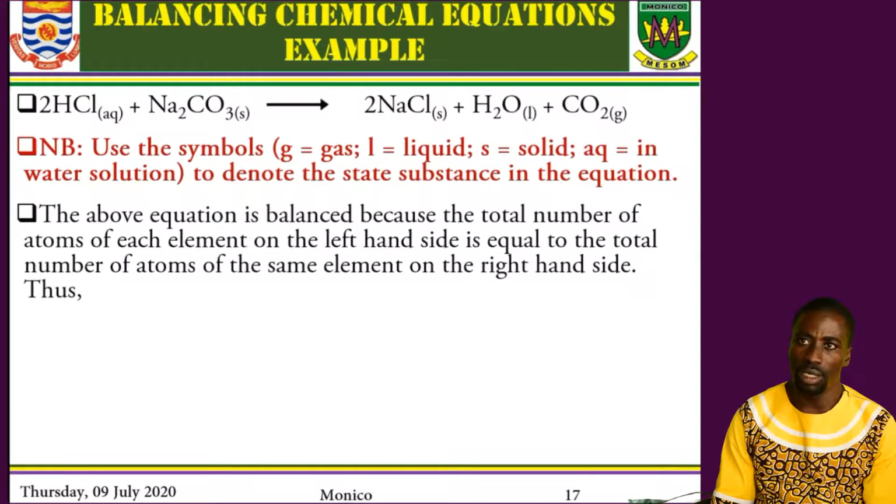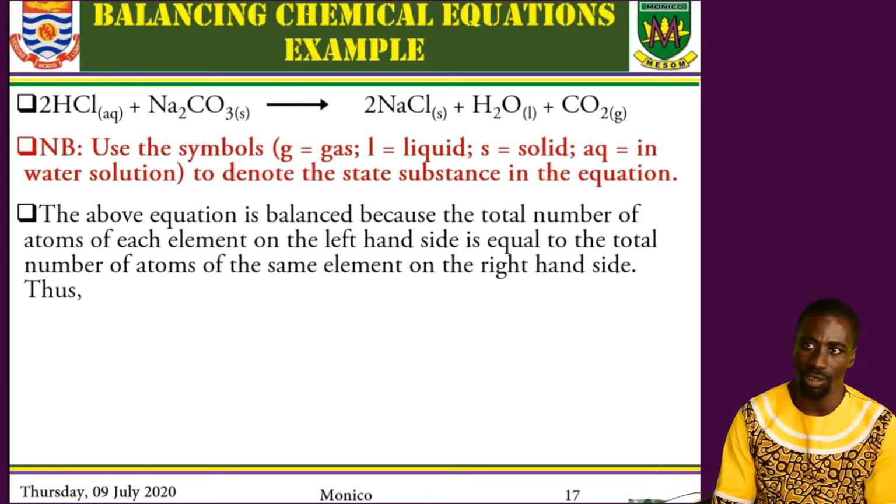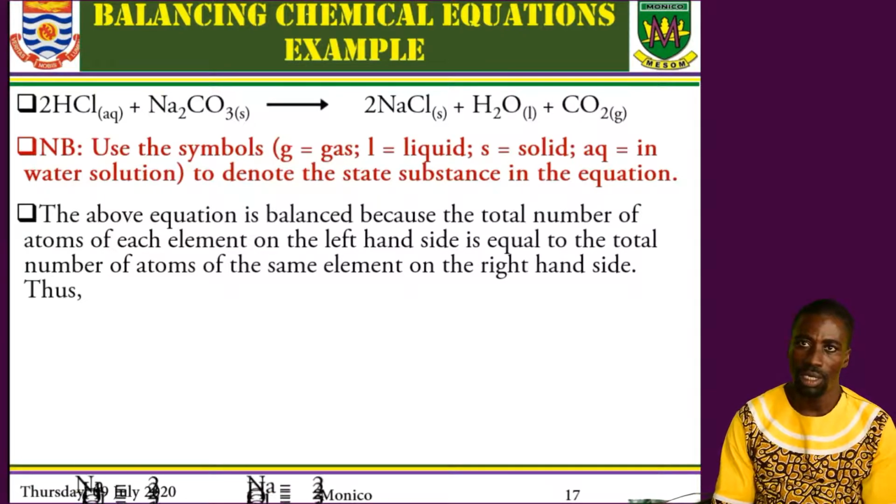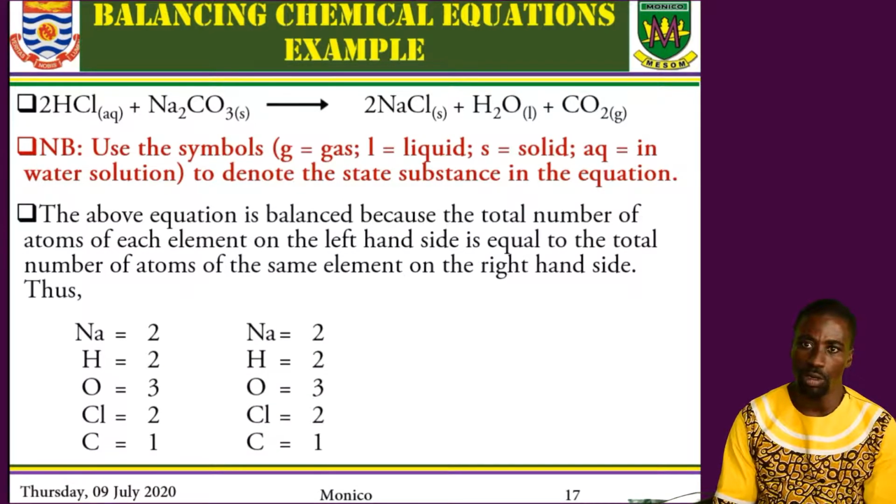So we are saying that this equation is balanced. Why? Because the total number of atoms of each element on the left side is equal to the number on the right side. So when we take inventory of the equation above, this is what we are going to have.